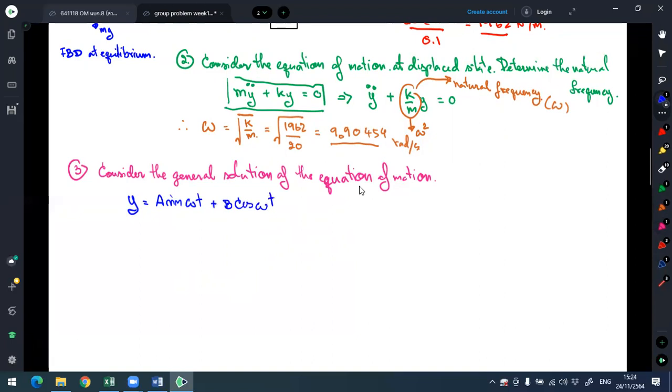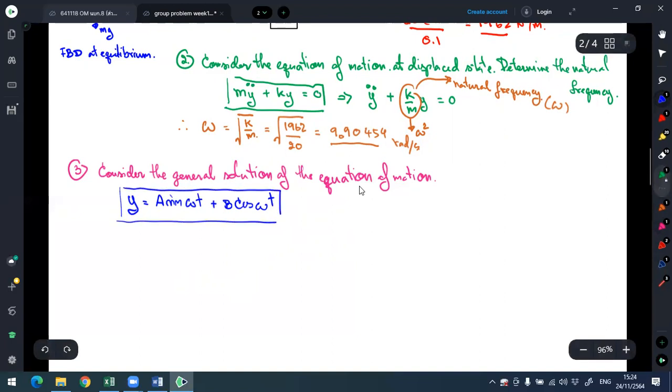We can find that we have two constants, a and b. Constants a and b are determined from the initial condition. The initial condition for this case is stated when time equals 0.